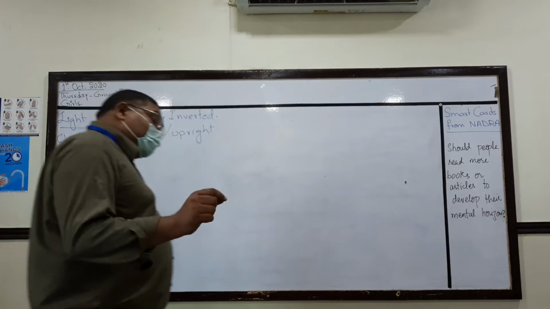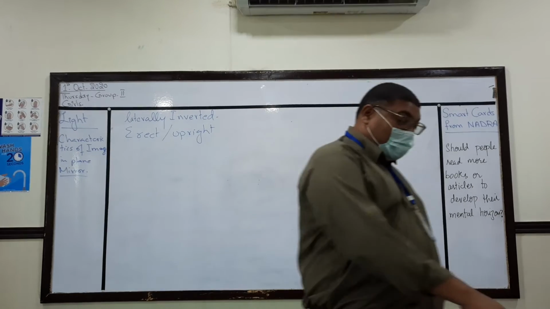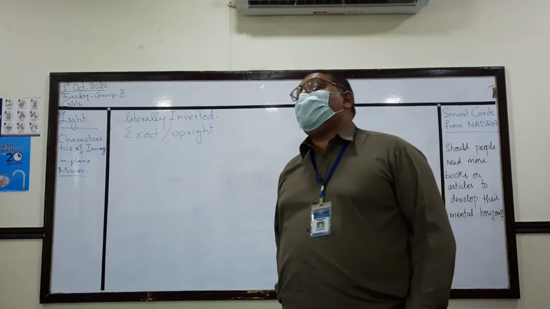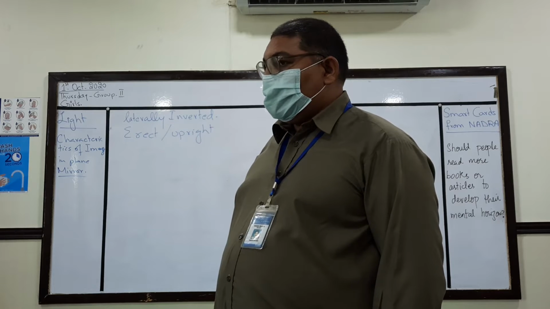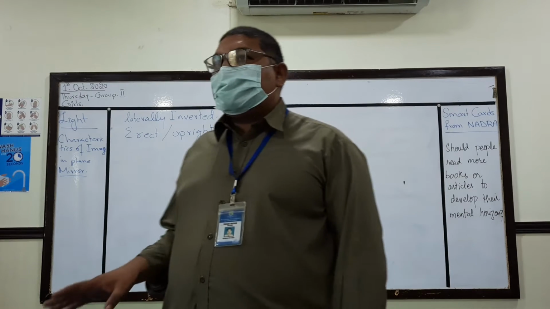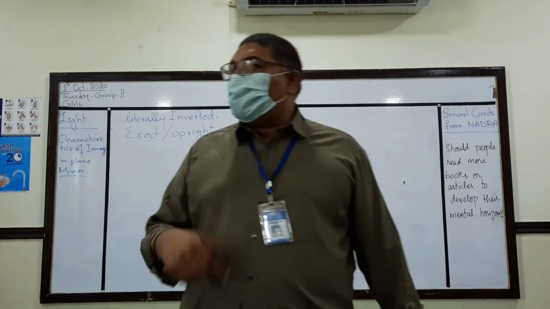But what I am saying is that my height and the height of the image will be the same. But you can say that this mirror in which your whole body is visible, its height is not that much. But the height of the image you do not measure like this.